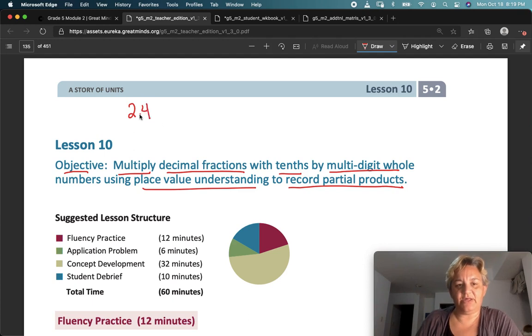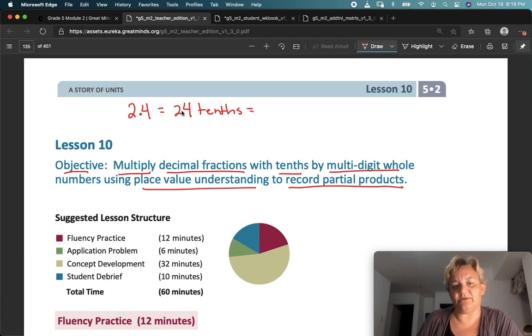2.4, okay? You know that 2.4 equals 2 ones and 4 tenths, or we could call that 24 tenths. So what I've just done is I've changed this decimal to word form.